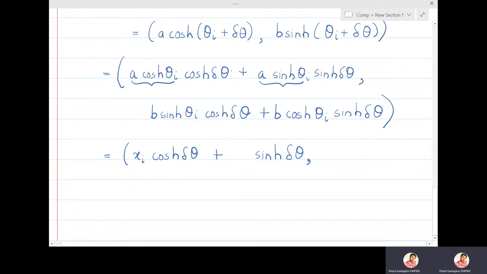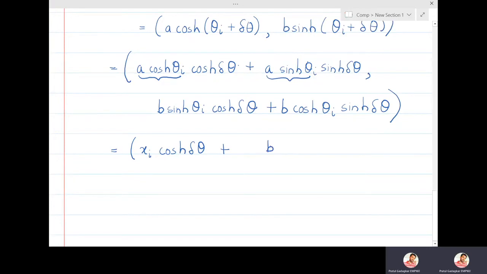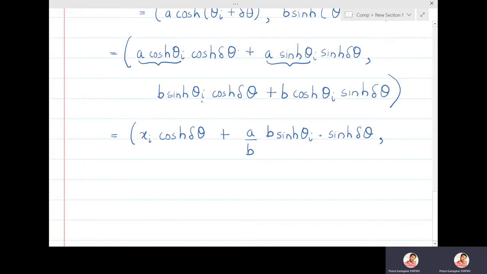I have to make some change here because it is b sinh, right? So I will have to adjust a b here. So let me multiply a b and let me write a upon b here. So this b sinh θi will now become yi. Okay, you have to be careful. And here what I have is b sinh θi is yi, cosh Δθ, plus here again I need a, so I will have a cosh θi.